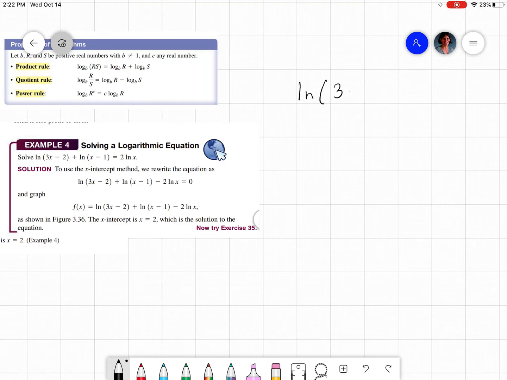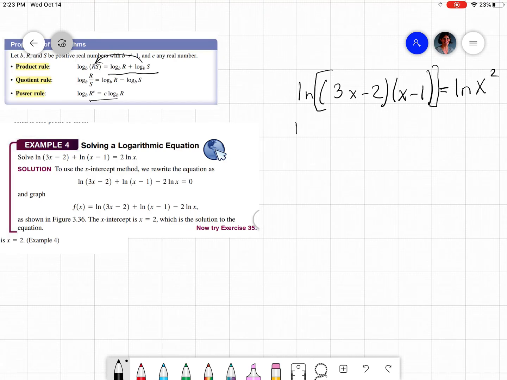So I have the ln of 3x minus 2, and I'm going to add a bracket here because that addition, right, this addition can be rewritten as multiplication. So that's what I'm going to do. And then as I rewrite the other side, I'm going to go ahead and apply the power rule, and I'm going to leave it as the ln of x squared.